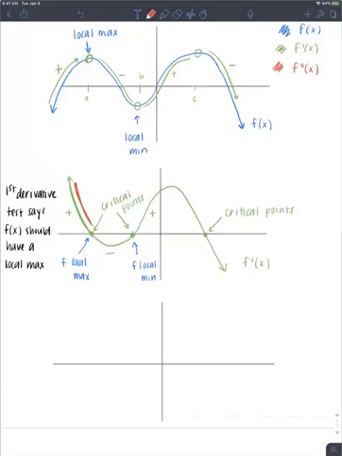I want to see, is it increasing or decreasing here? So with this red part, is this going to be increasing or decreasing? Yeah, it's decreasing, which means the derivative of this portion of this graph is going to be negative, right? So right here, this is negative.